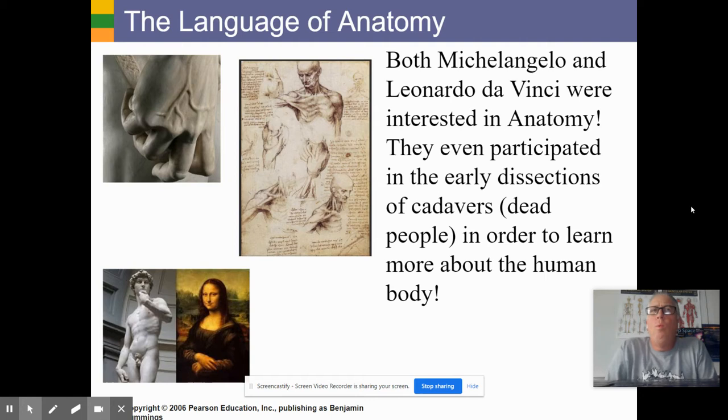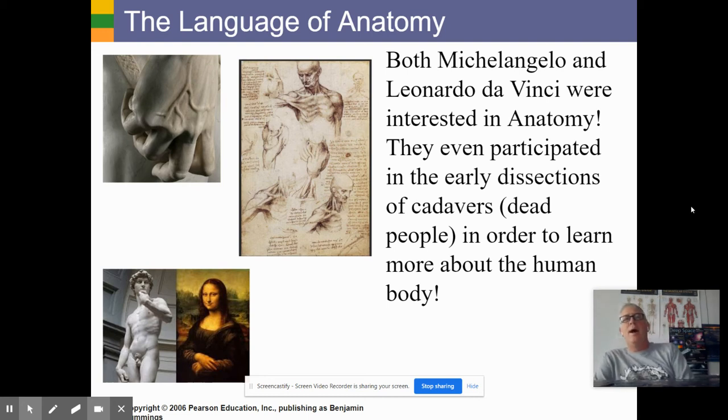Now, when I'm looking at these pictures, I wanted to talk a little bit about some of the things that you might have heard about with anatomy. Two of these pictures are Michelangelo's, and two are Leonardo da Vinci's.